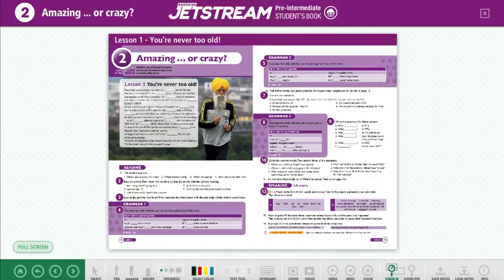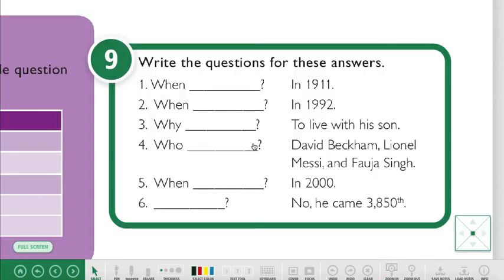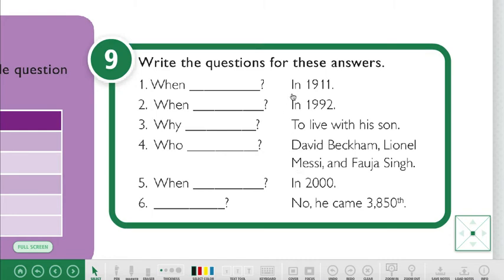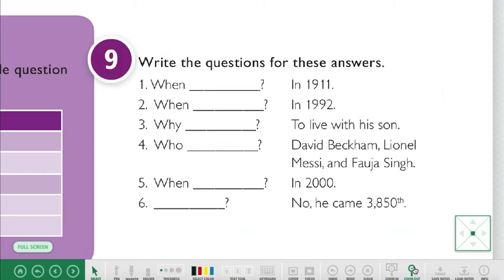Next, you will solve the exercise over here. Here is with the same text, okay? You have to look for the information in the article and then write the question or the ideal question for this answer. For example, if the answer is in 1911, si están diciendo que pasó en 1911, ¿ok? ¿Qué pasó en 1911? ¿Cómo voy a saber qué pregunta es?